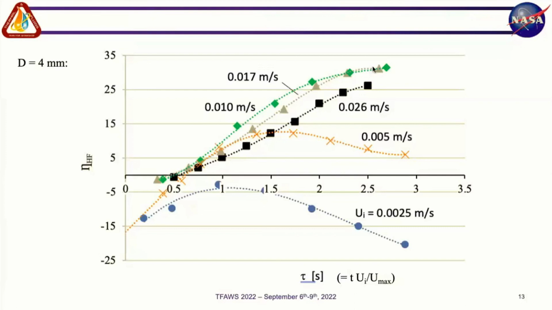So this is an important result. We were able, by the way, to plot all these lines in the same graph because we scale the time. This is not the real time of the system in seconds, but a scaled time in relation to the maximum velocity that we have for each one of these cases. So we could see all the figures in the same graph.